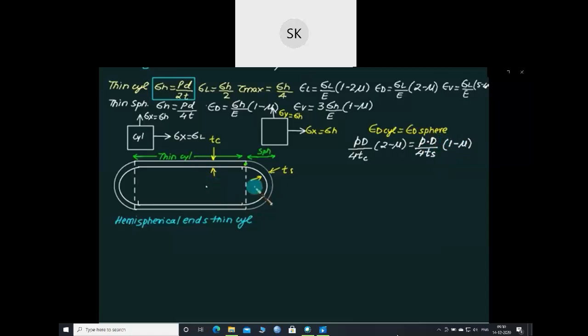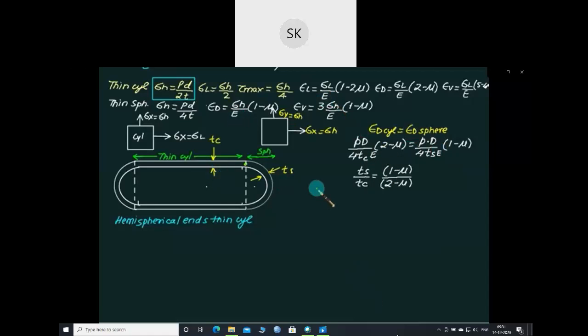For this case and this case, the pressure remains the same, the diameter remains the same, and 4 is constant, so that can be taken common. TS will shift to this side. So TC gets multiplied by 1 minus mu, and this is divided by 2 minus mu. On both sides I have to divide by E, so this E and this E will cancel out.